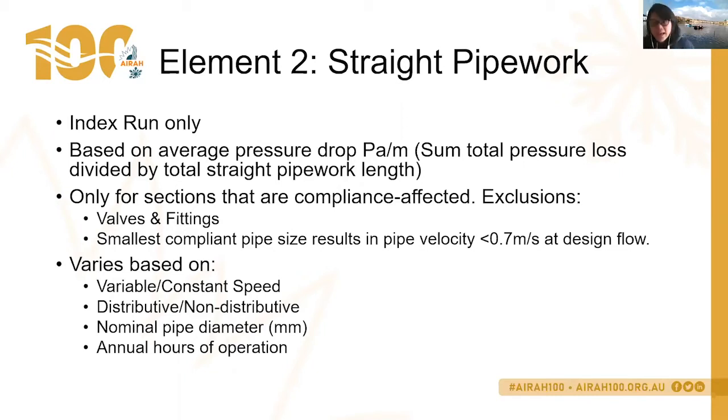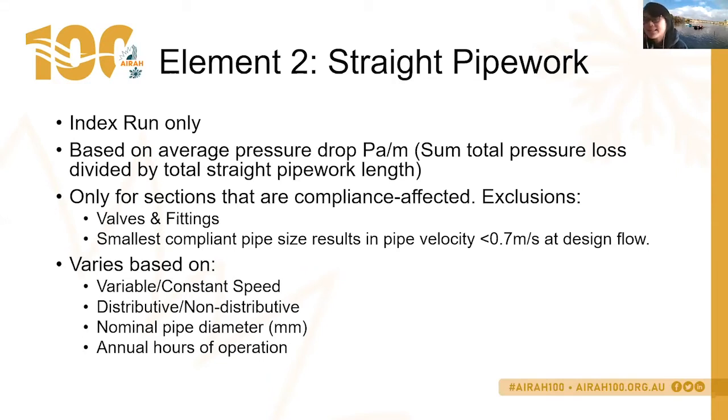So if you had, as you're aware, in a pipework system, lots of different stretches of straight pipework, what you would do is take the sum of your total pressure drops across the straight pipework component only, and then divide it by the total length. So what that means is that if you have one element of straight pipework that doesn't comply, it doesn't really matter because it's going to be averaged out.